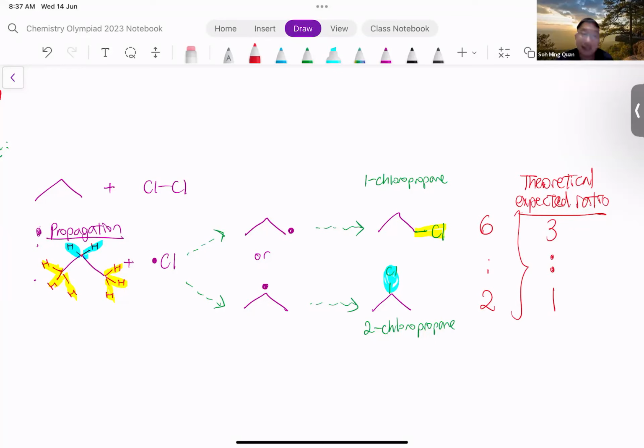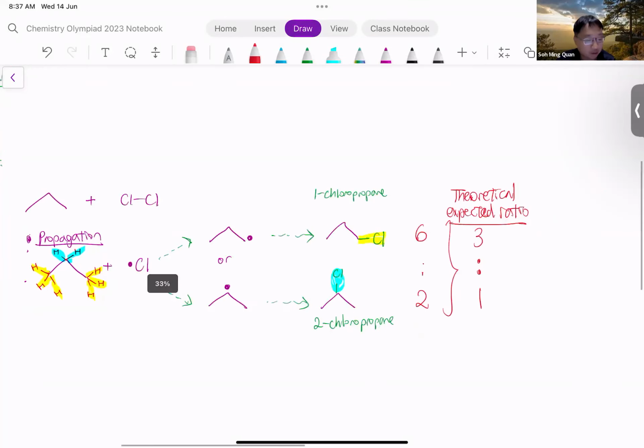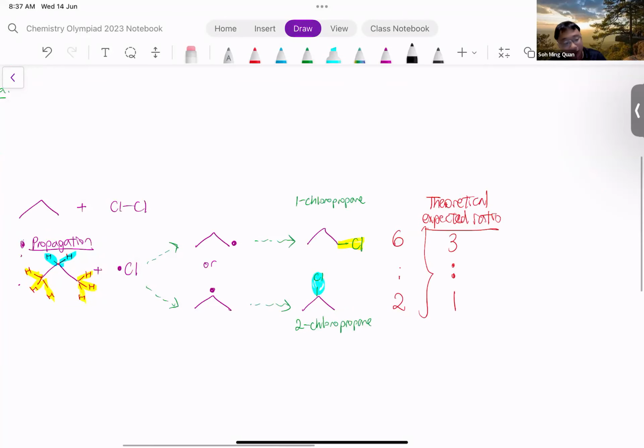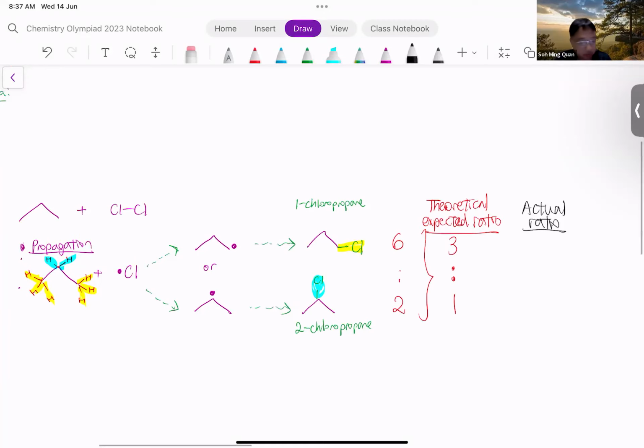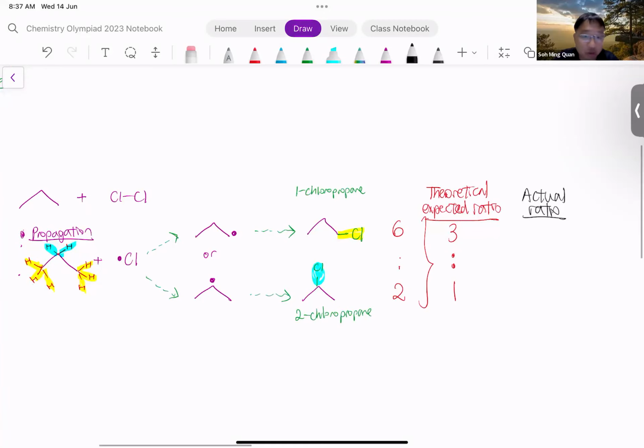However, life is not so straightforward. The actual ratio will be something more, about, this is definitely less than 75%. This is more than 25%.